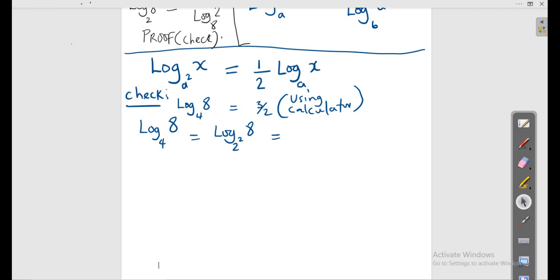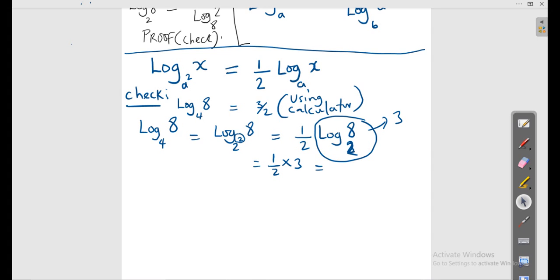So using the rule, since the power is 2, the reciprocal becomes 1 over 2 log 8 base 2. And we know log 8 base 2 to be 3. That gives us half times 3, which is 3 over 2. You can see how good logarithms can actually be.